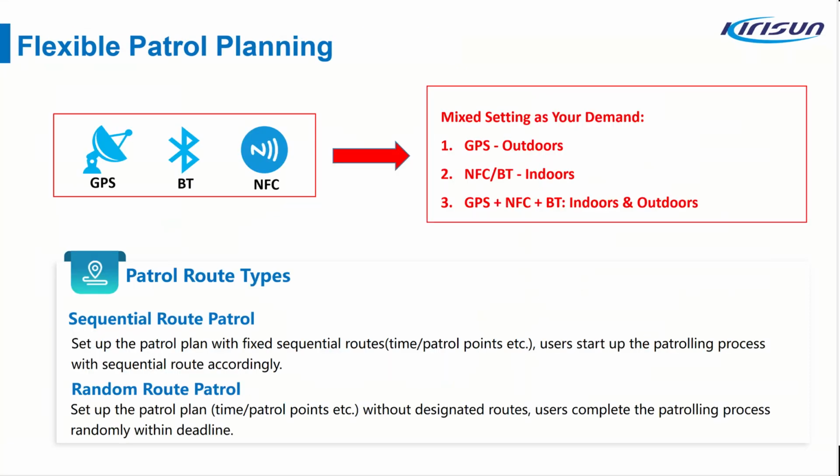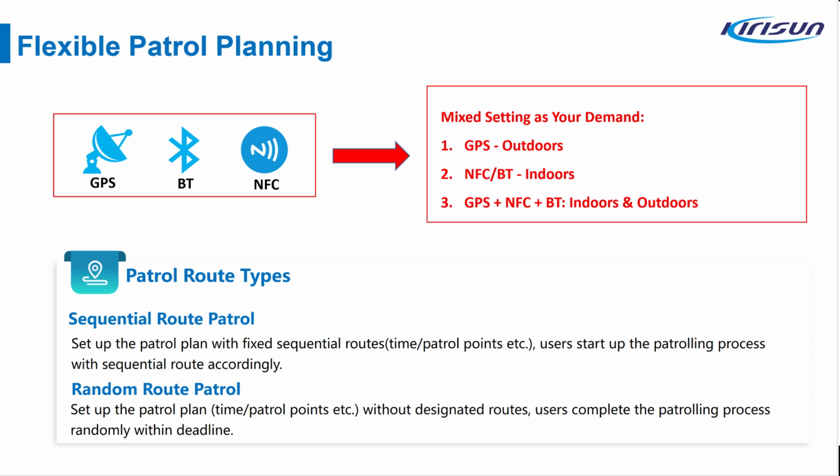It is very flexible to deploy patrol points as you need, using various combinations of GPS, Bluetooth, and NFC. You can choose to independently deploy a single patrol mode, GPS or Bluetooth or NFC. GPS is suitable outdoors.